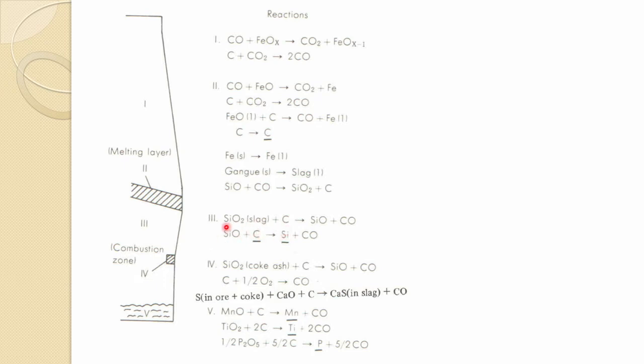So, silicon gets reduced. So, silicon is absorbed by iron and CO is formed. So, that is how the silicon pickup occurs in this region.